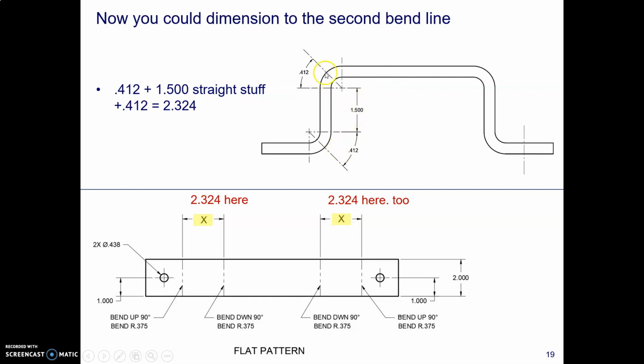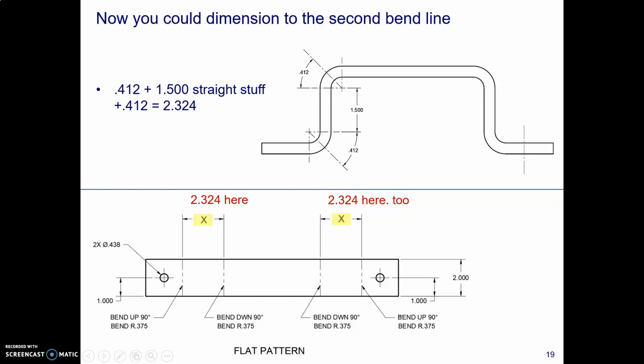Now let's locate our bend line. We have a 0.412 curvy stuff here, plus 1 1/2 straight stuff, plus another 0.412 curvy stuff. Those add up to 2.324. So we will put 2.324 in these two places too.